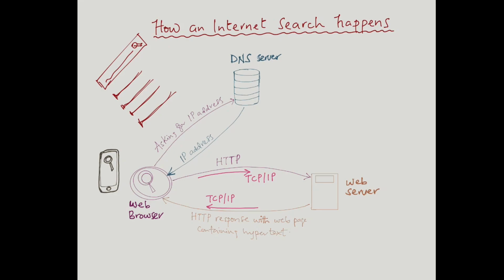In HTTPS, when you're using the secure version of HTTP, what happens is, after asking for the IP address and it's sent to the browser, first a secure connection is made between the browser and the web server, or the web client and the web server.